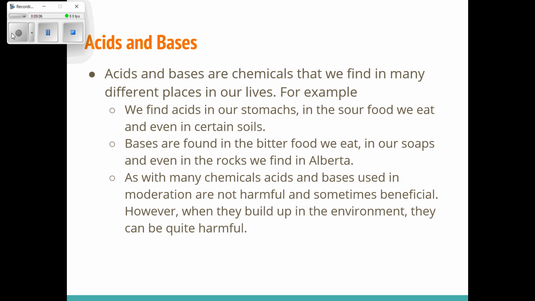Some soils are acidic as well. Bases are found in bitter food, such as broccoli and mushrooms. As with many chemicals, acids and bases used in moderation are not harmful and sometimes beneficial in our society. However, if they build up, they can be quite harmful.